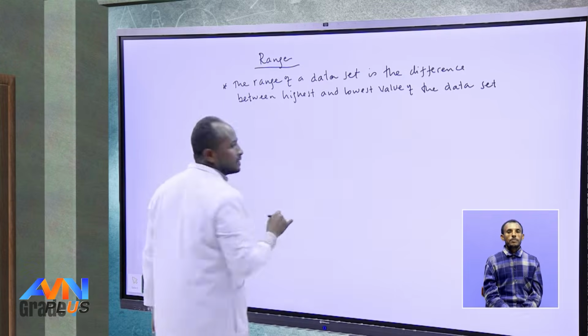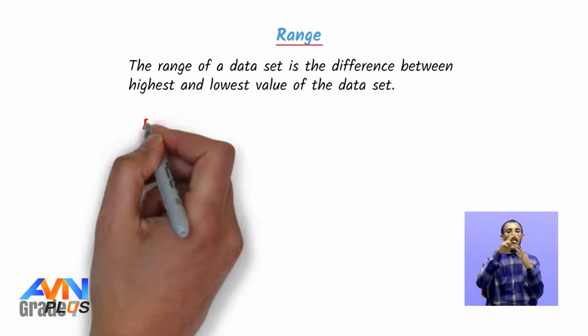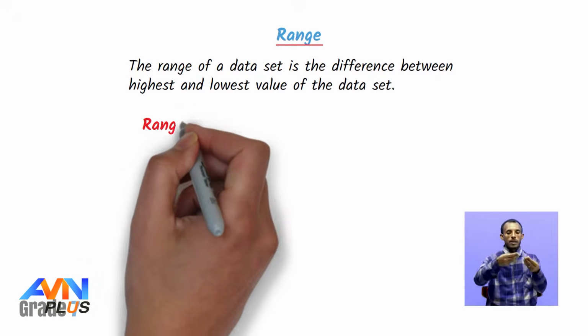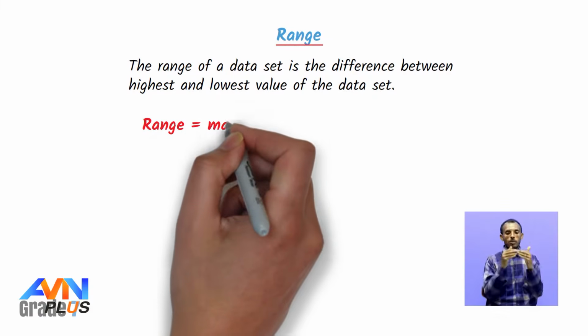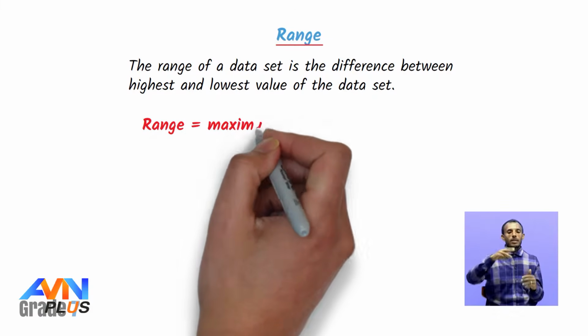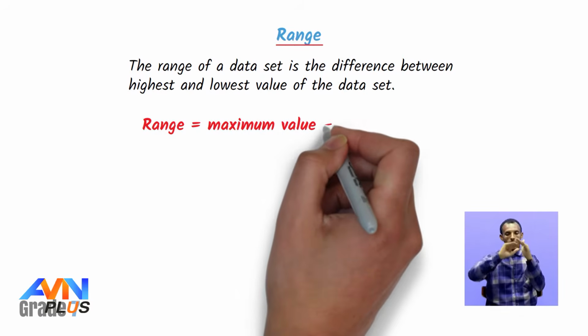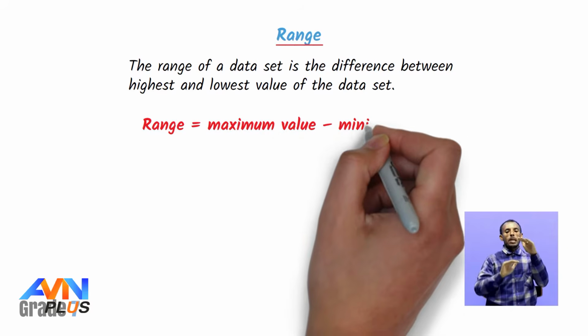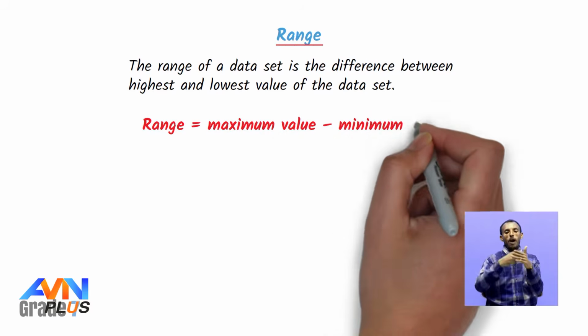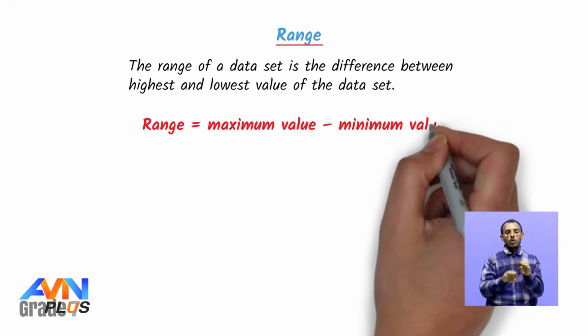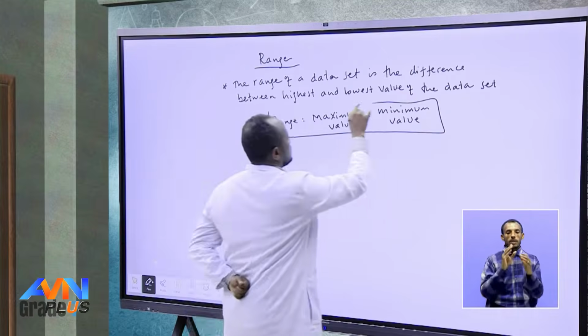Or simply, range is equal to the maximum value of a given data set minus the minimum value of the given data set. So we can calculate the range of a given data set using this equation.